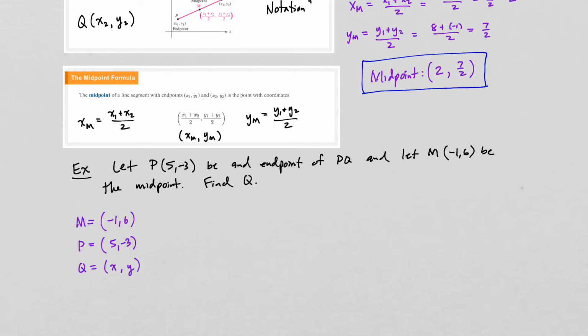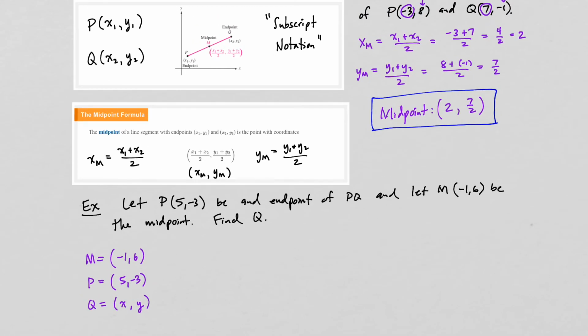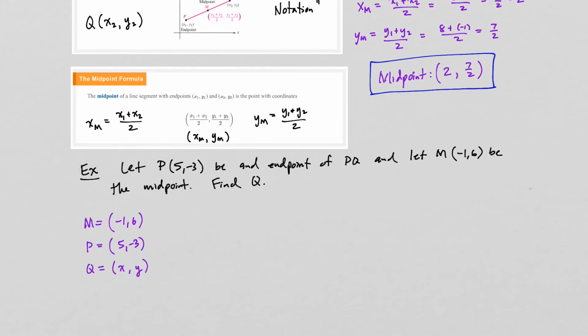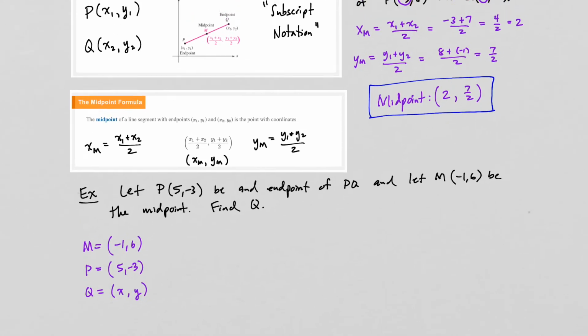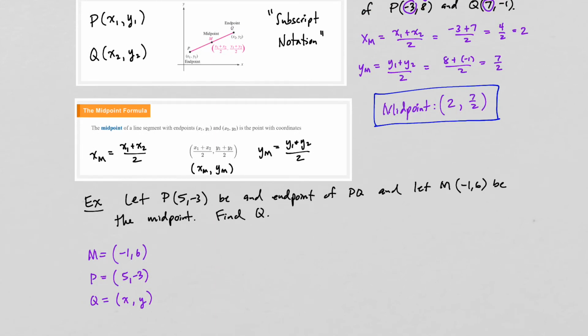Or if you wanted to be consistent with the notation that we used earlier, you could say that it's x2 and y2. But there's really no reason to use the subscripts here because it's the only x and y that we don't know. So it's up to you if you'd like to use the subscripts for this. That's what subscripts are for, right? Subscripts are to distinguish between the two different points.